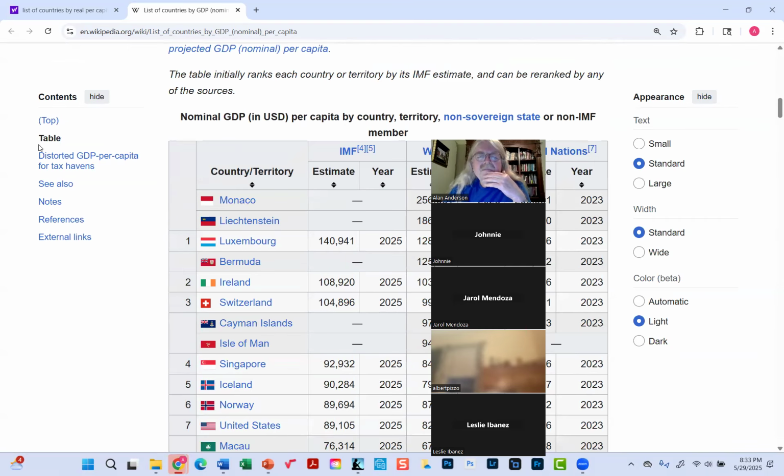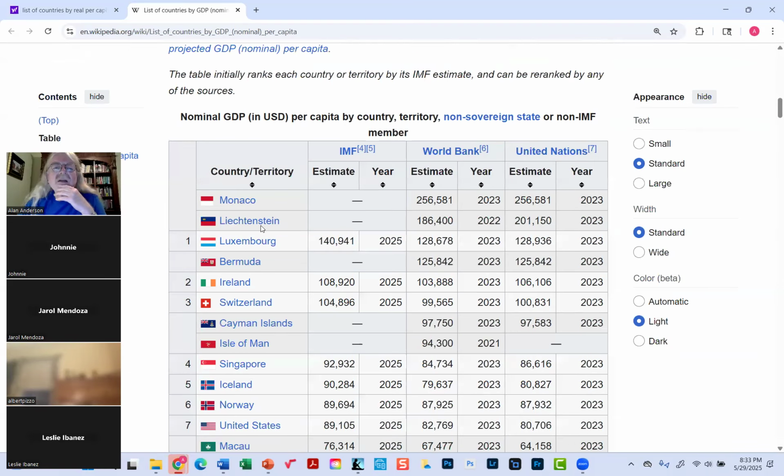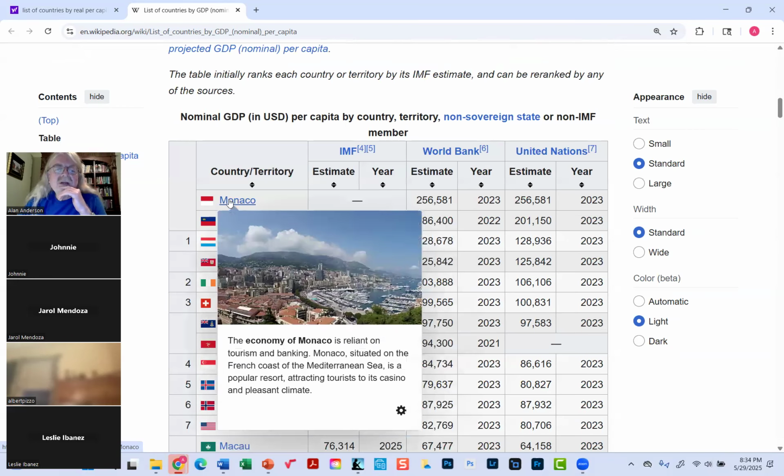Now, we have number one, Monaco, and Liechtenstein. Well, here's the thing. Monaco is a tiny, tiny little country, and it's actually surrounded by France. The two big businesses there are banking and tourism, and of course the casinos.